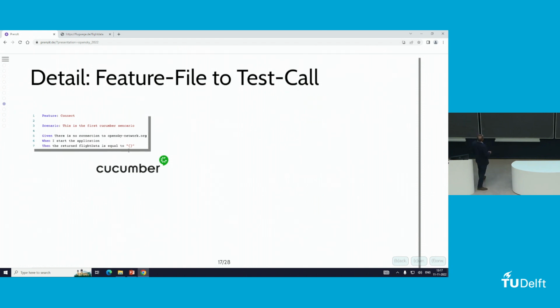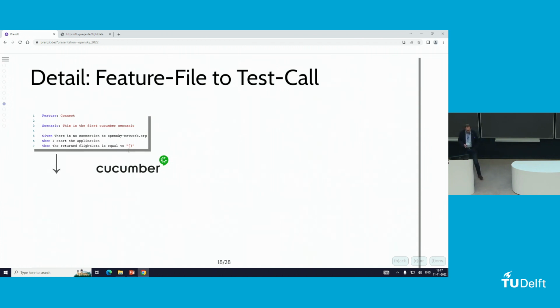So this is a feature file that would just say, well, given there's no connection to the OpenSky network, when I start the application, then the returned flight data is equal to whatever. So a JSON string with nothing in it. So that's something that somebody can write down and is easily understandable.